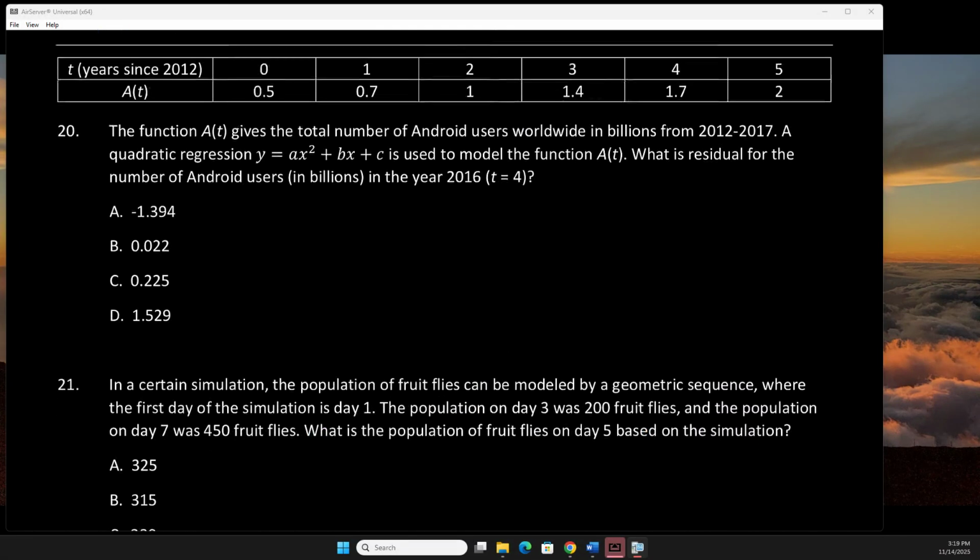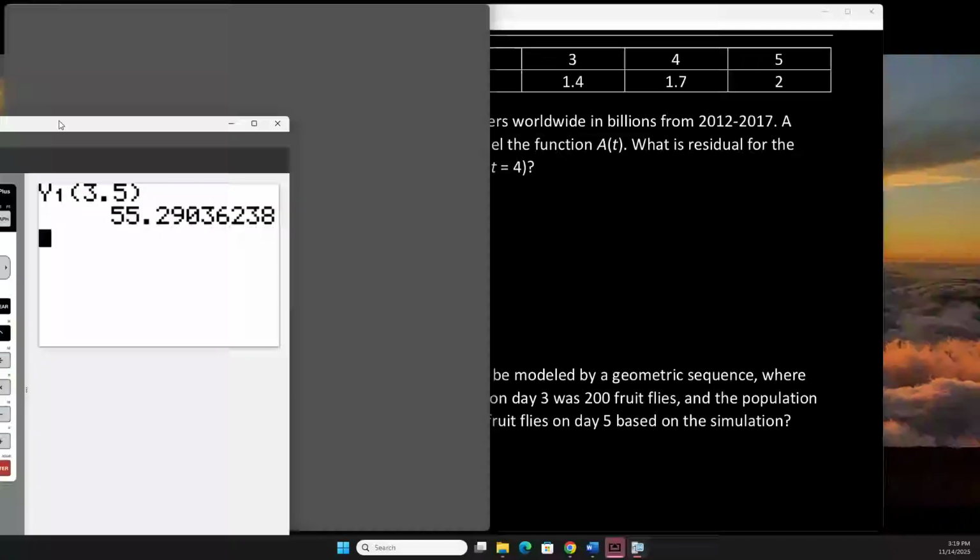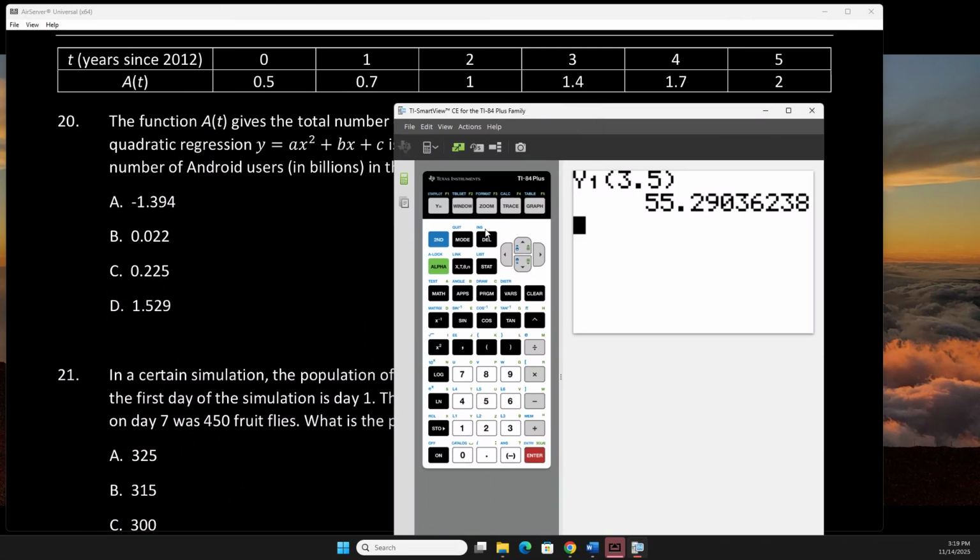And then for number 20, we have a new table. The function APPC gives the total number of Android users worldwide in billions from 2012 to 2017. A quadratic regression is used to model APPC. What is the residual and the number of Android users in billions? Okay, we have a lot to do on this one. The first thing we're going to do is put this data in the calculator.